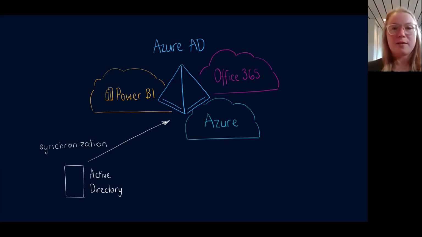Yes, you can have groups and have users in those, but there's not the same kind of hierarchical structure that we have in Active Directory. The other thing to note is that Active Directory was made in a time when everything was very much in an internal network. It is meant for those purposes, so it supports different kinds of protocols than Azure AD, for example, Kerberos, NTLM, and so forth.